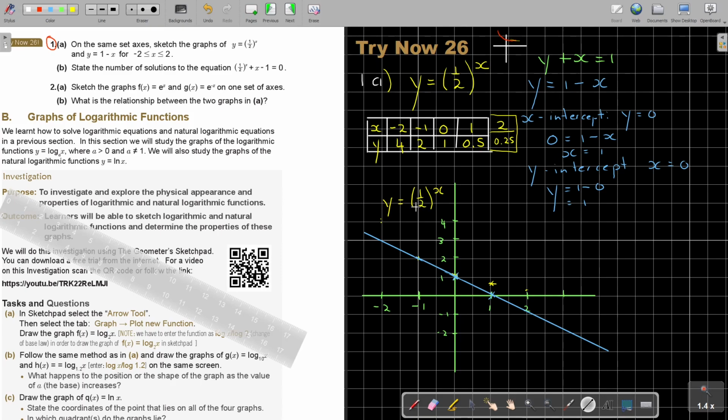Basically, if I was here and it was at -1 and 2, it will be better if I draw it from this side. Now I have a straight line instead of a ruler.